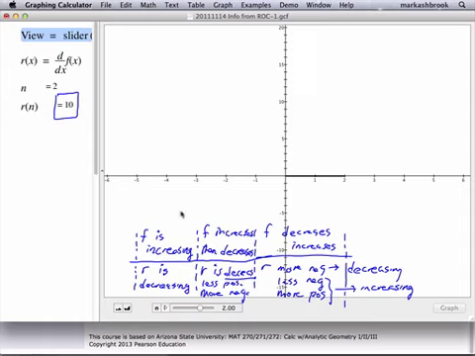No, increasing is in like, they were going from negative 5... So we'll start here. Around there, yeah.